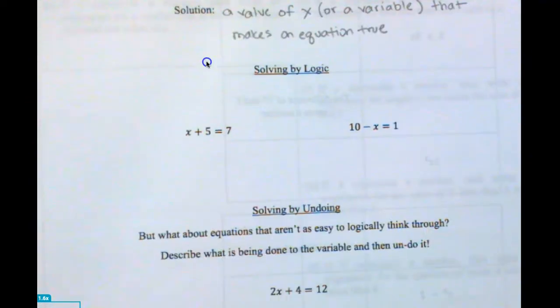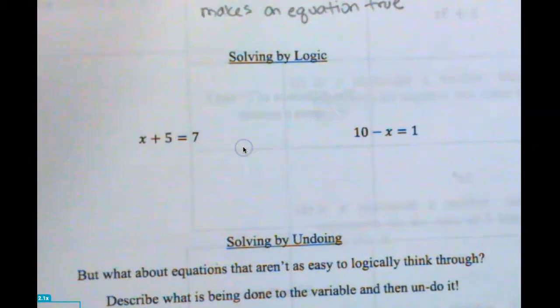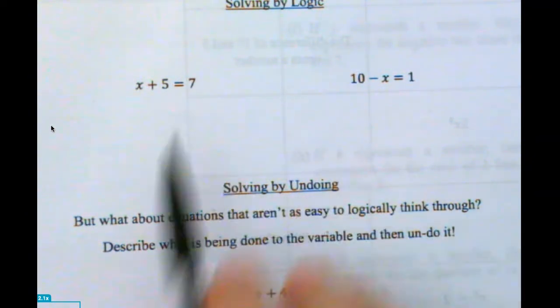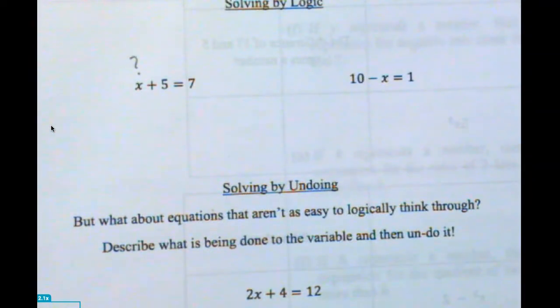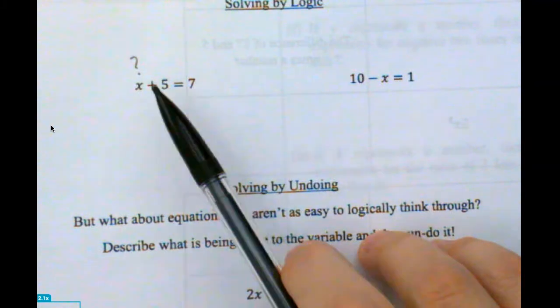So if I look at these first couple problems here, let me zoom in. And I want to solve by logic, x plus 5 equals 7. So I'm looking at x plus 5 equals 7, and logically I'm thinking, okay, what is that missing number that x has to be for when I add it to 5, I get 7? This is a very simple one, right? That means that x has to be 2.